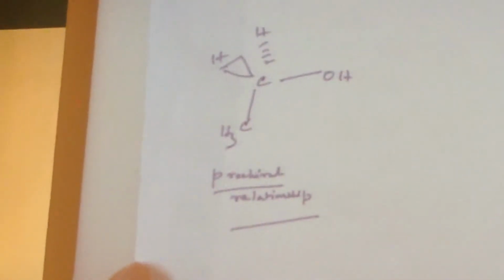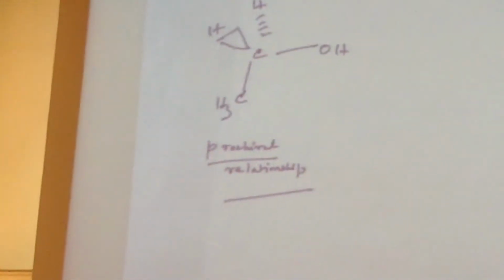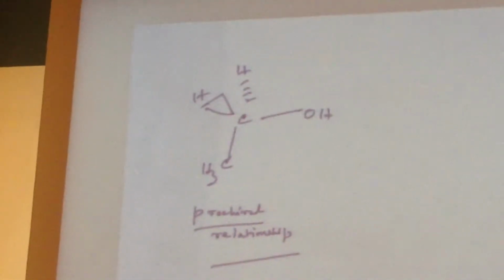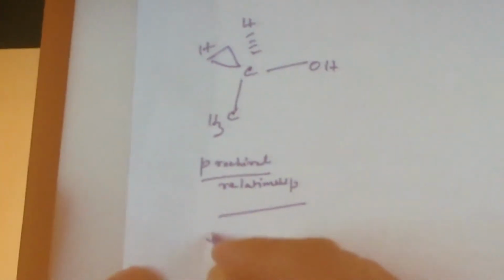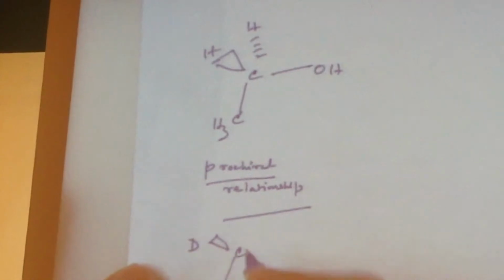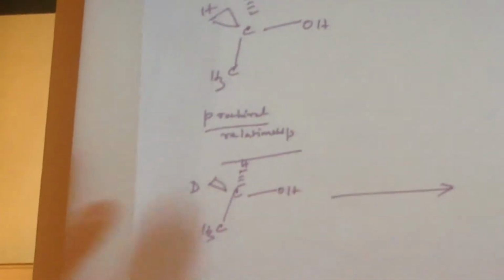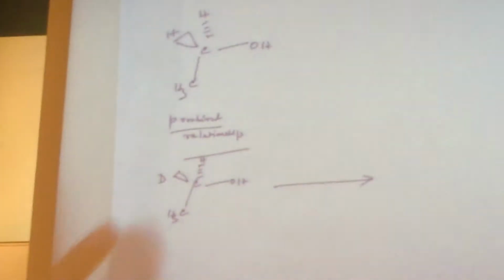Why is that important? Because you can do an experiment in which you replace a hydrogen with a deuterium. So let's do that and look at this one. And then treat that with alcohol dehydrogenase.